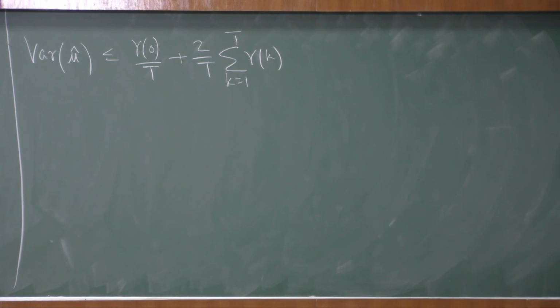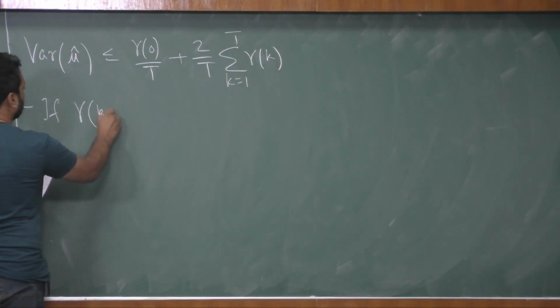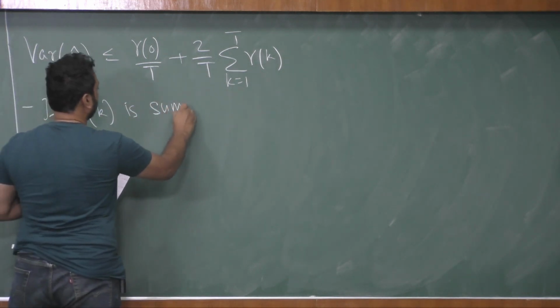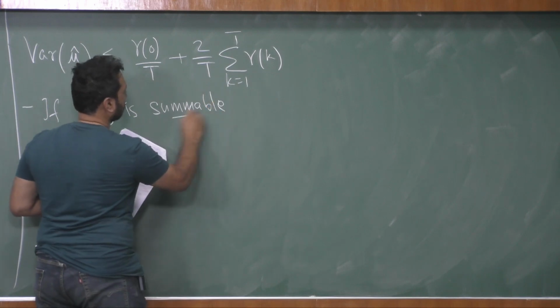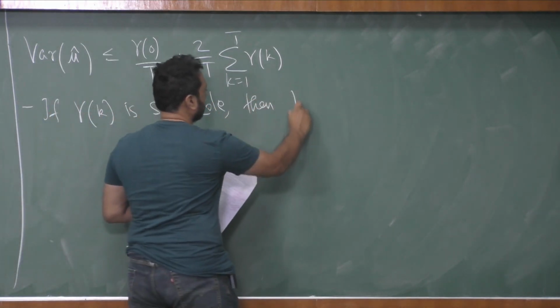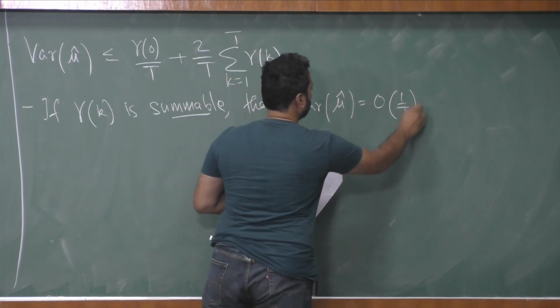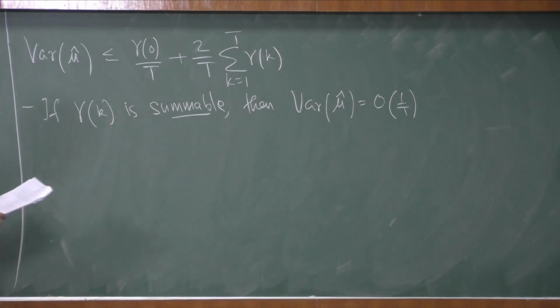So if gamma k is summable, then indeed the variance of mu hat will be of order 1 over T, which means that it will go to 0.